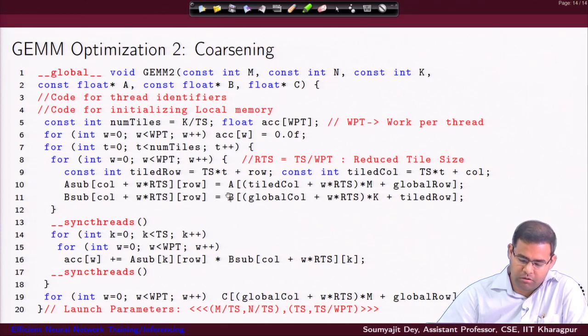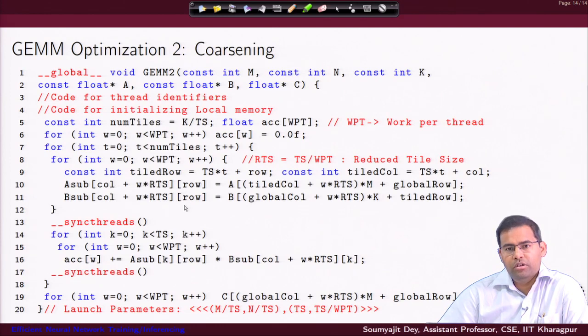The load was not coalesced, but the store in the shared memory was really happening in consecutive locations, so that when I read the data, it is already arranged in a nice way. But now, when I am loading from B transpose, I will have the opposite effect.